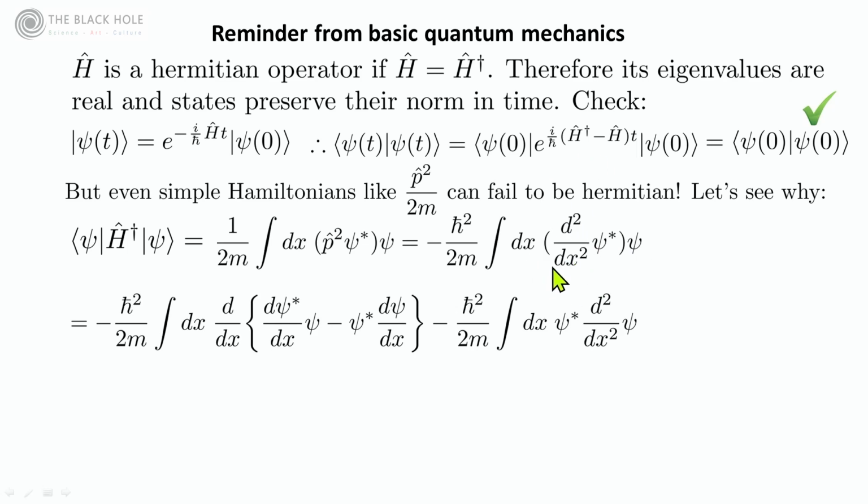All right, so then the next step is just do a simple differentiation over here to see that this is actually exactly equal to what's below over here. So there's a d by dx of this. I mean, we can do this mentally because d by dx of this is d2 psi star by dx squared, and then there's psi, and then d psi star by dx, d psi by dx. That cancels here with d psi star by dx, d psi by dx, and then there's an extra term left over, so that extra term is put over here.